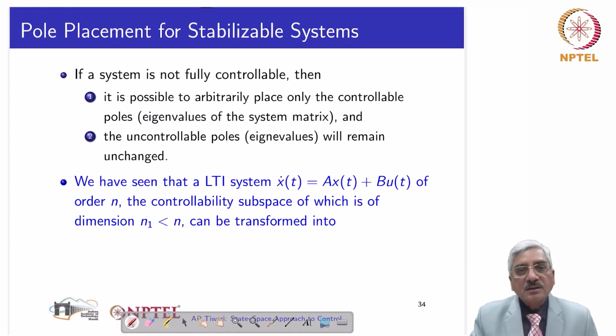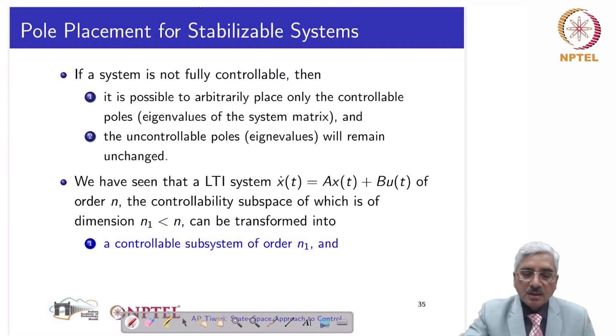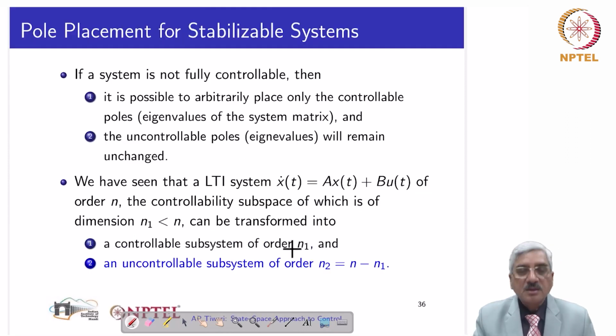We have also seen that if we have a linear time invariant system described by this state equation, whose controllability subspace is of lower dimension n1 than n, then it can be transformed into a controllable system and an uncontrollable system. The order of the controllable system will be n1 and the order of the uncontrollable subsystem will be n2, which is the difference of the system order and the order of the controllable subsystem.